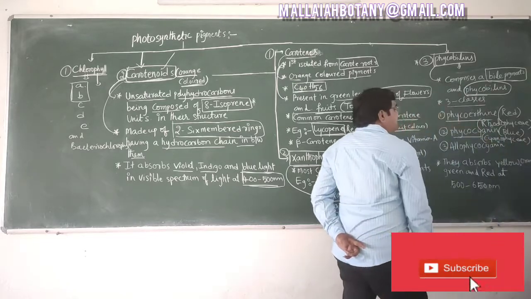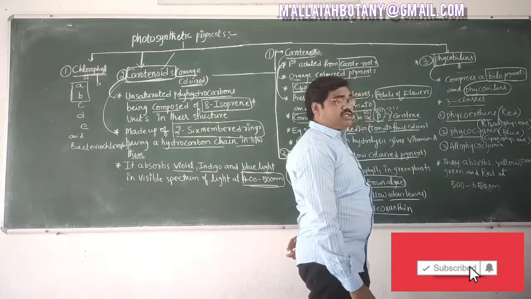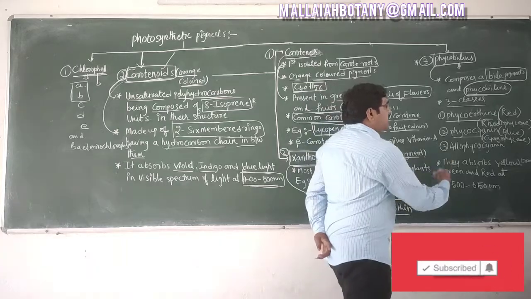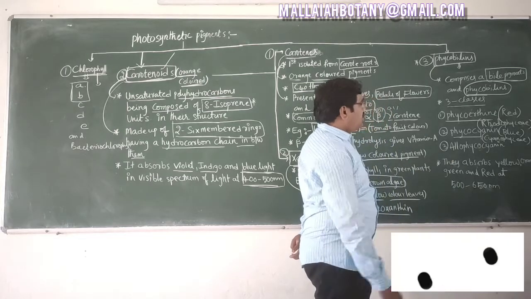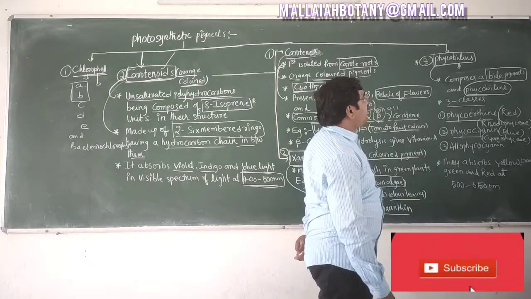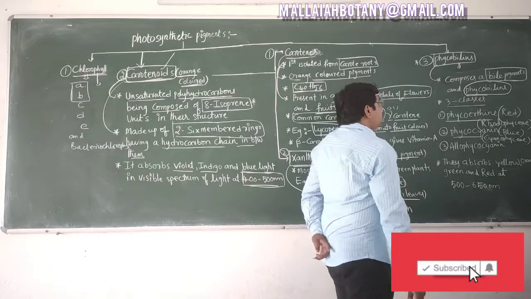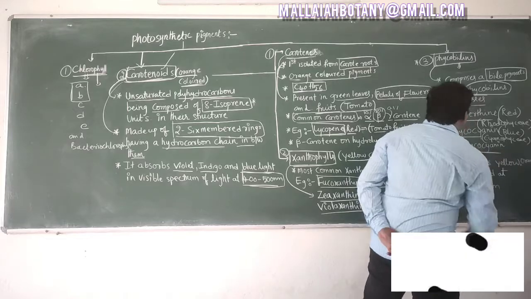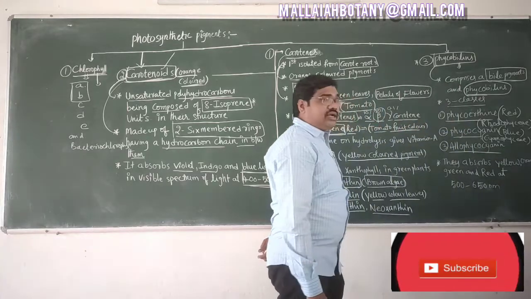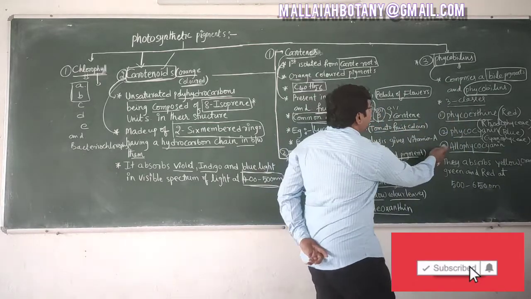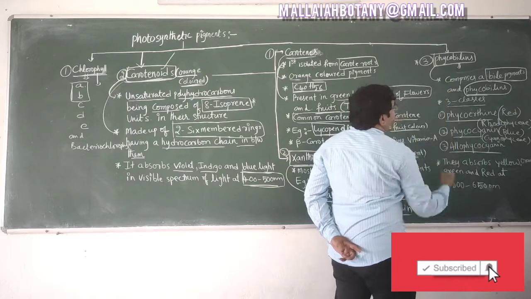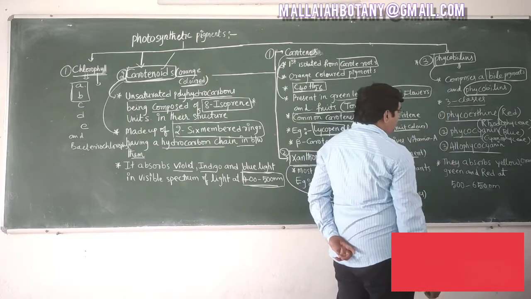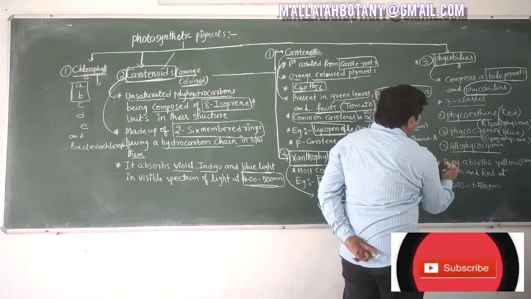In Cyanophyceae members, phycocyanin is present. For example, cyanobacteria. That is the second class of the phycobilins. The third class of phycobilins is allophycocyanin. So these are the three classes present in the phycobilins.